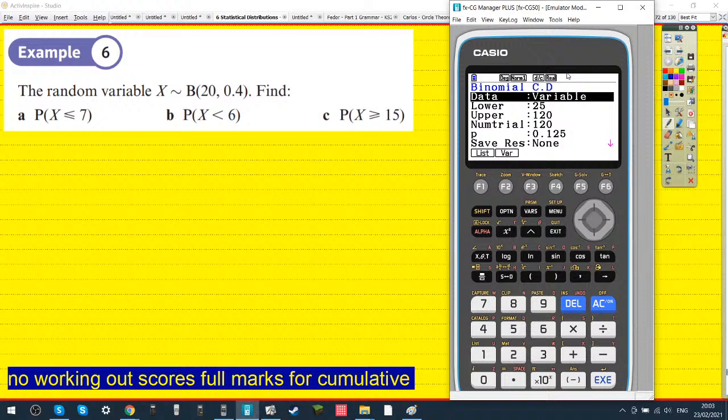So let's see. Any idea about the lower and upper number of trials and probability? Would upper be 7? Upper would be 7, because we want 7 or less. And lower would be 0, yep.